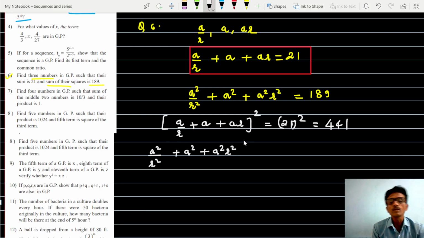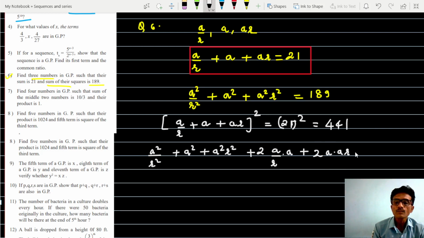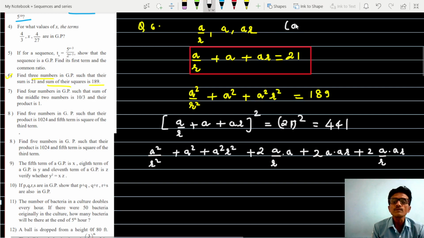the squares of all three terms, plus 2 times A upon R into A, plus 2 times A into AR, plus 2 times the first and last term, A upon R into AR. This is the expansion of A upon R, A, AR whole square. Because what is the expansion of the square of A plus B plus C?